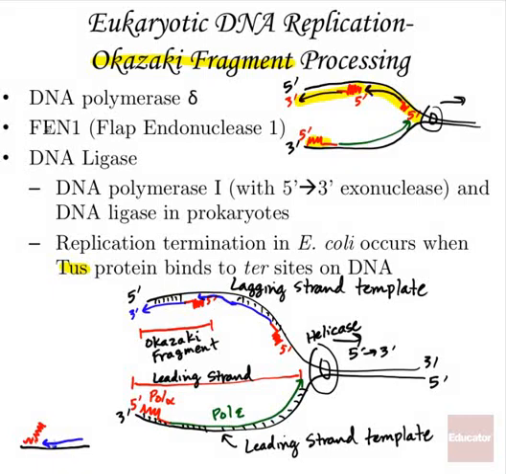And then FEN1, flap endonuclease 1, is a protein that comes in and cuts the non-base paired primer out. So it'll cut that, and look, we've gotten rid of some.